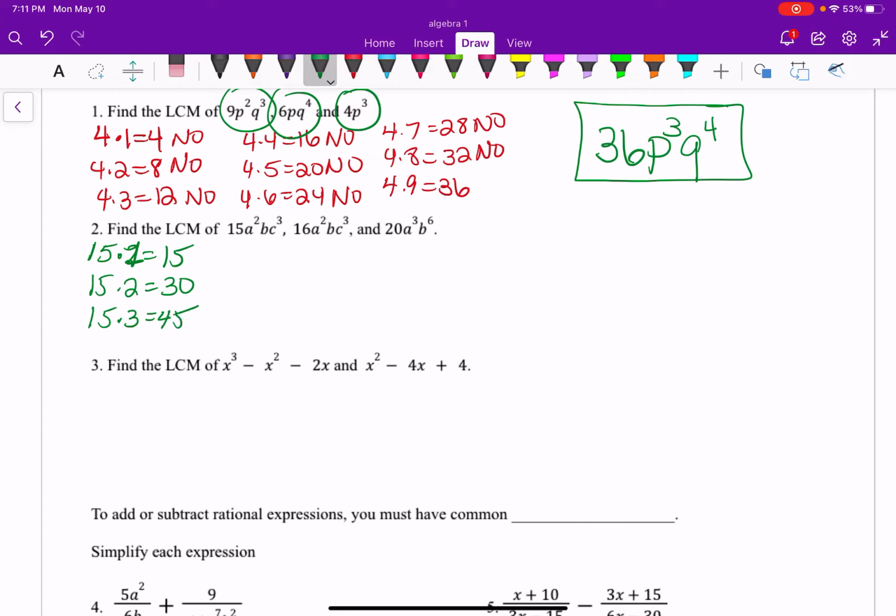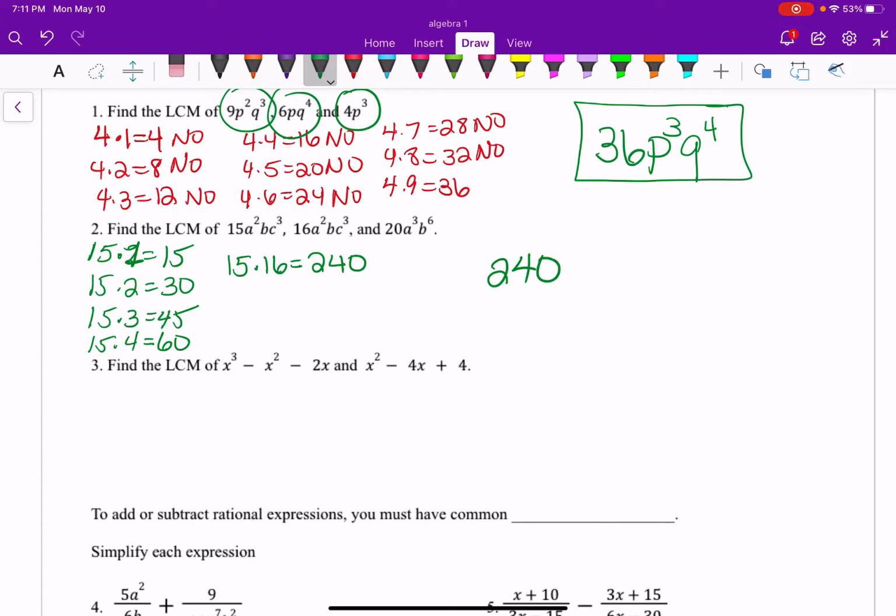I might have to get my calculator out. 15 times 4 is 60. So far, none of these. 20 goes into 60, but 16 doesn't. Then we eventually get all the way up to 15 times 16, and that's 240. And 15 goes into that, and 16 goes into that, and 20 goes into that, thank goodness. So 240 is our number.